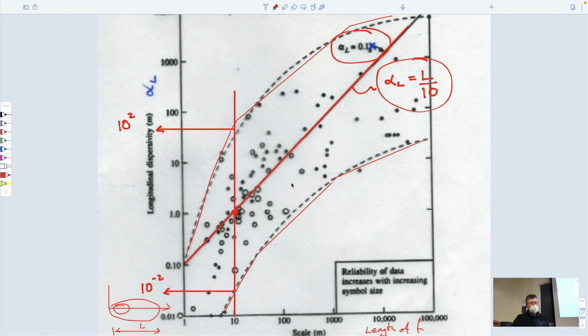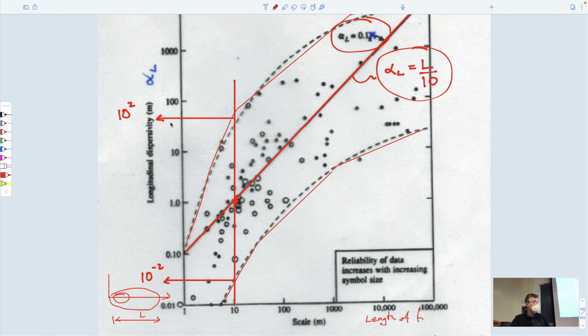But it's kind of disconcerting because it's completely independent of any of the properties of the porous medium that they were going through. It has no information about the porous medium in there because it just includes a length scale and a magnitude of an output parameter.